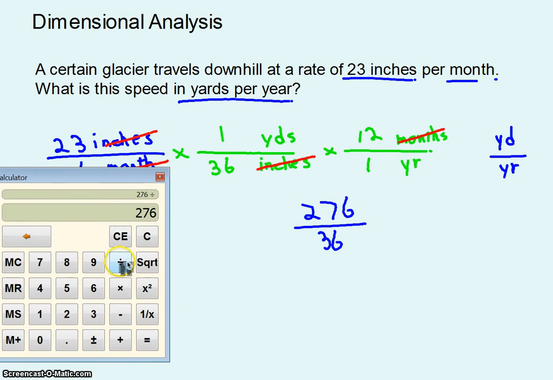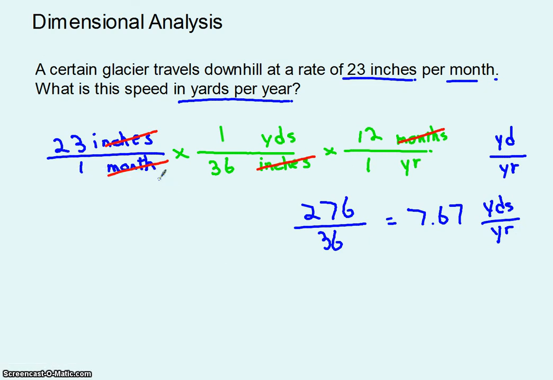And then we'll divide at the end. 276 divided by 36 is 7.67 or so, okay, yards per year. Okay? And that seems to make sense. If it travels 23 inches in a month, 7 yards per year seems fairly reasonable. Okay? Let's look at another problem.